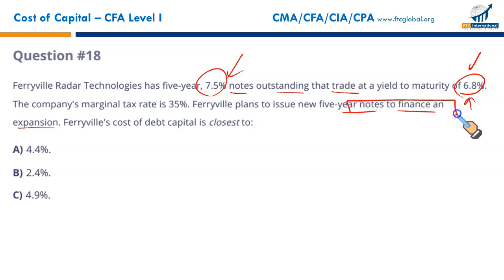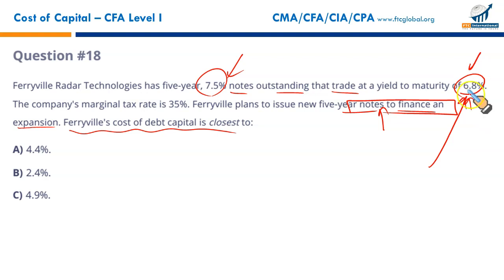So what would be the cost of debt for the new issue? Now, this is interesting. If the expected yield on the new note is available, you will take that. But since we have not been given any information, you will have to use the yield on existing debt.